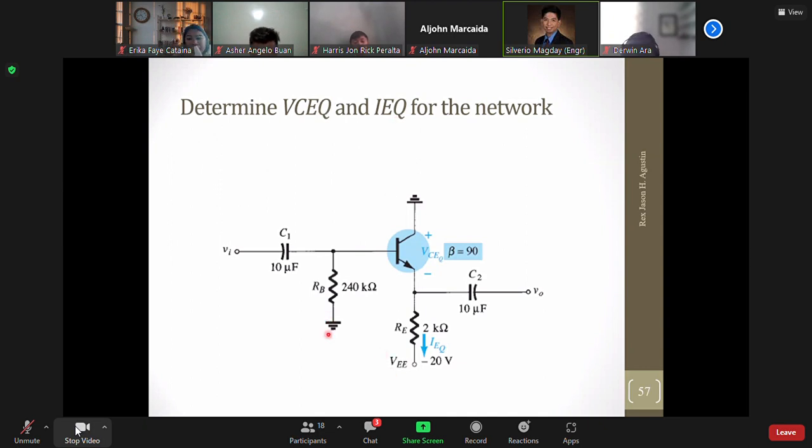O paano dito si IB? KVL tayo dito. KVL para solve yung IB.